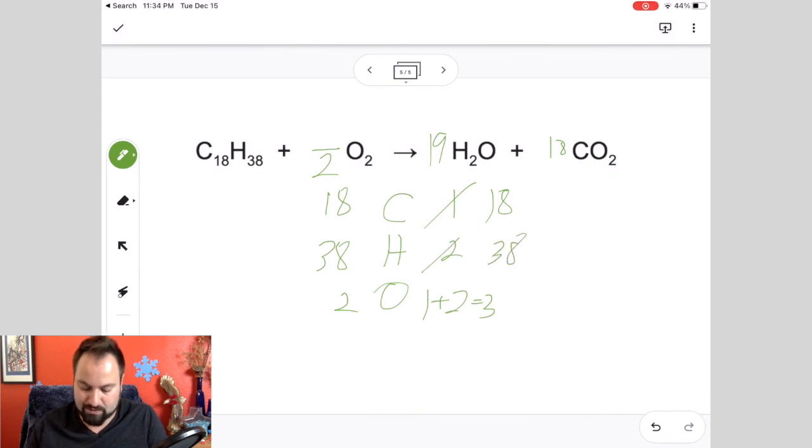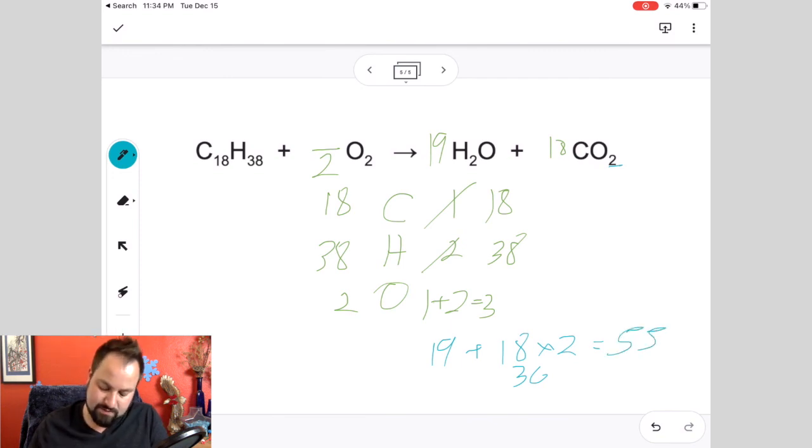And now let's see what that does for our oxygen. So that's 19 times 1, but there's nothing there, plus 18 times that 2. And so 18 times 2 is, of course, 36, plus 19 is 55. Yeah, 55, and that goes right there.